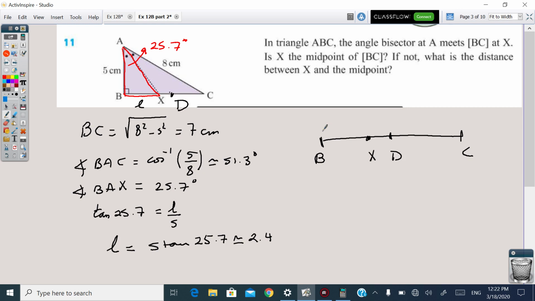This distance we calculated as 2.4 centimeters, and this distance is obviously half of the 7, so it's 3.5 centimeters. Therefore, the distance between X and the midpoint is simply 3.5 minus 2.4, and this gives us 1.1 centimeters.